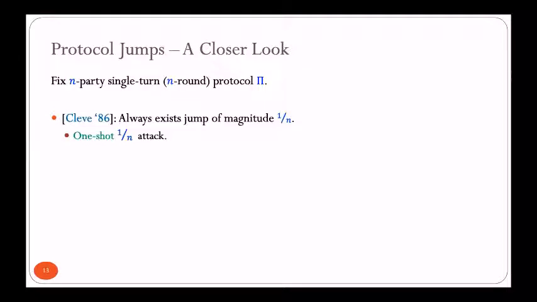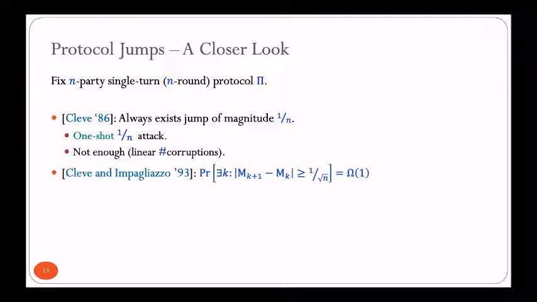What does this mean? This means that there exists an adversary performing exactly one adaptive corruption that either increases or decreases the protocol's expectation by 1 over n. But this is not good enough, right? Since we want to completely bias the protocol, and this would require performing n of these one-shot attacks, which is way, way, way too much.